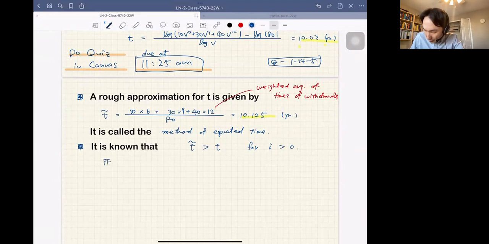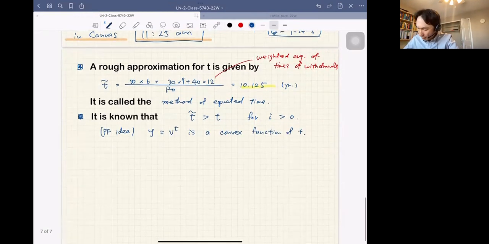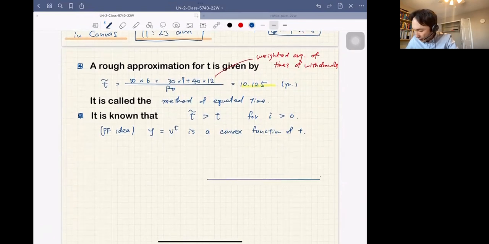So, proof idea. We don't prove it. It's not super difficult, but the proof idea is to use that v to the power t is a convex function of t. v is a constant which is less than 1, so v to the power t looks like this.